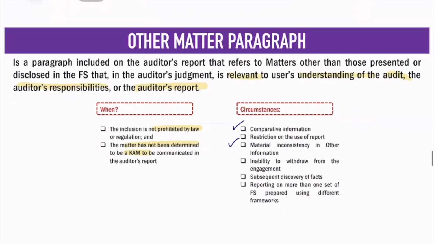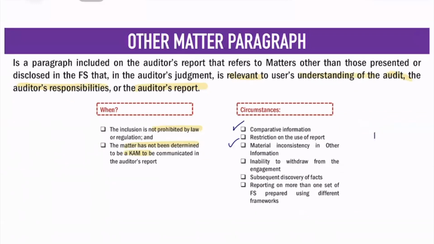You already know that your other information can be your supplementary information or your other info in your annual report. And in your comparative information, you have your comparative financial statements and your corresponding figures. Later we will also discuss when we will place an other matter paragraph on these items.